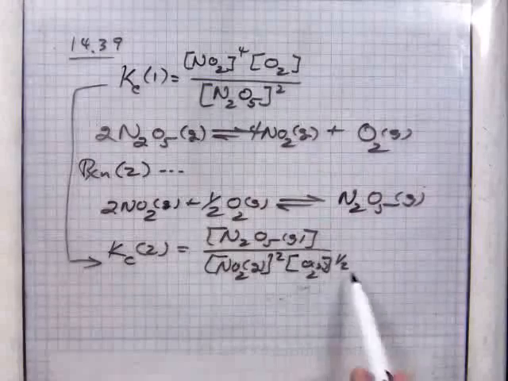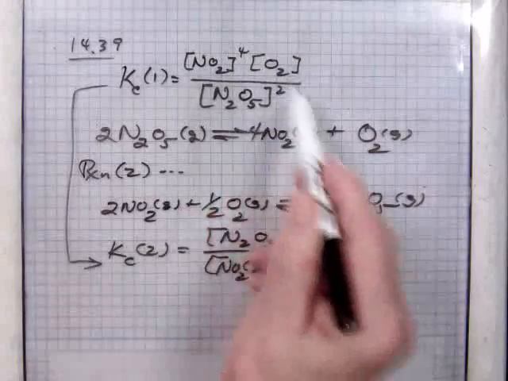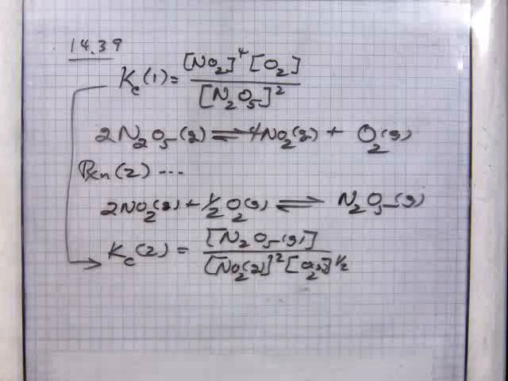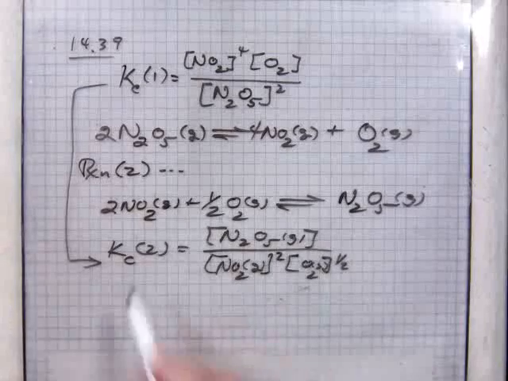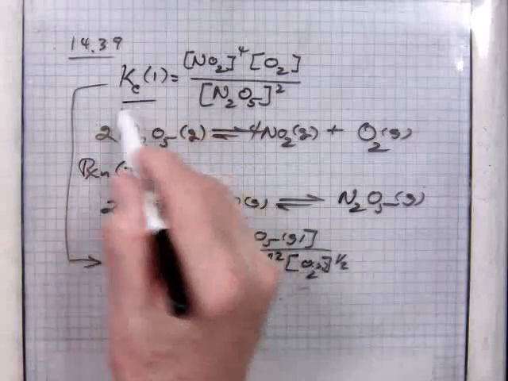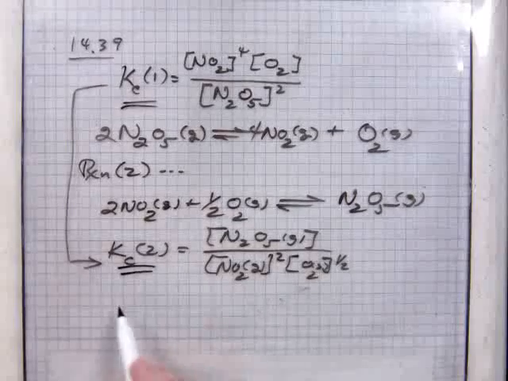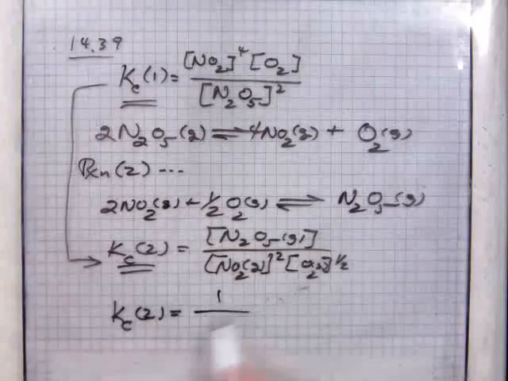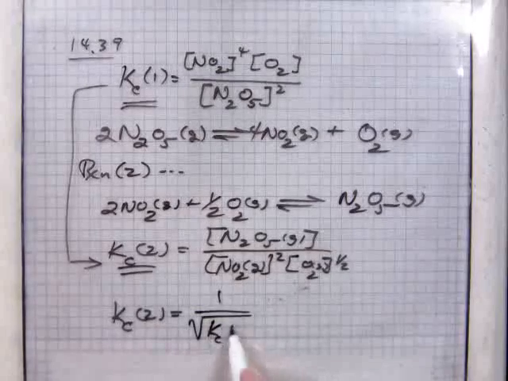These look like square root numbers relative to those exponents in the K1, right? Can you see that, guys? And it's a reciprocal. So what's the relationship between KC1 and KC2? Okay, KC2 is equal to 1 over the square root of KC1.